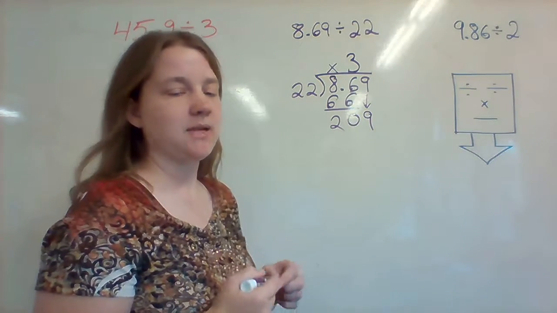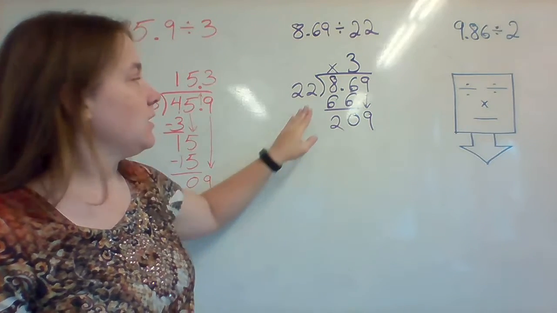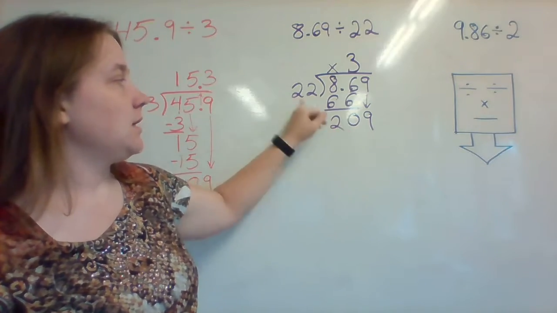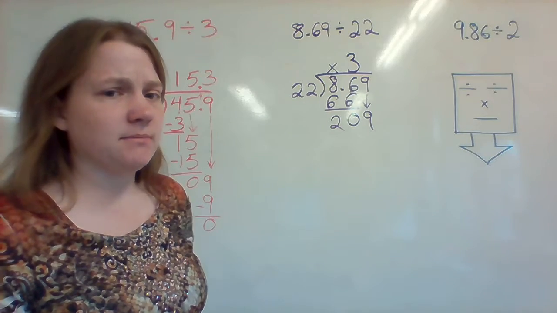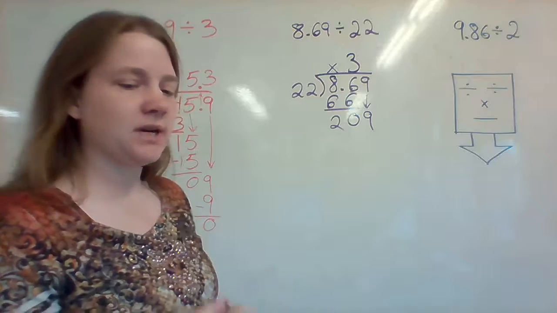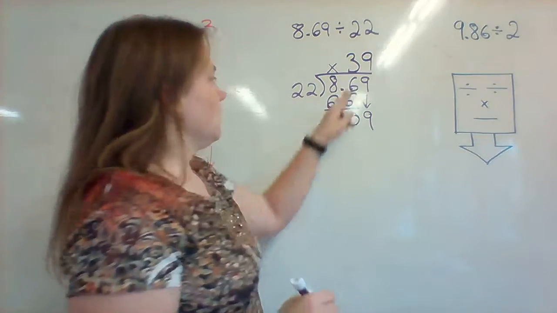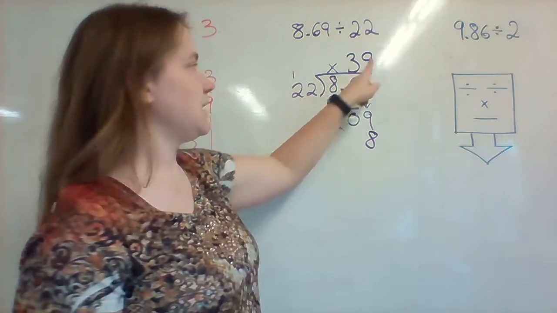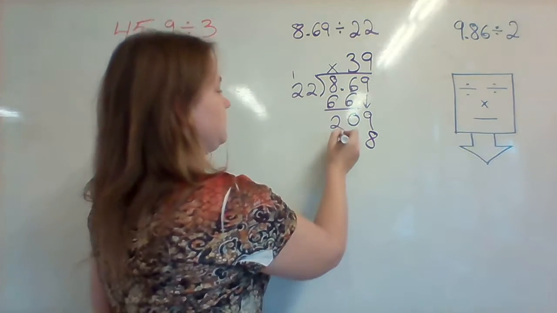And now I need to know how many times 22 goes into 209. Well, if this was just 20 into 200, that would go in probably 10 times, but I can't put a 10 up here, so let's try a 9 and see what happens with that. 9 times 2 is 18, carry the 1. 2 times 9 is 18, plus another is 19.